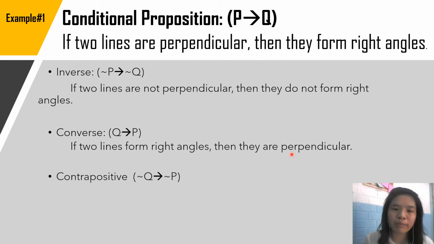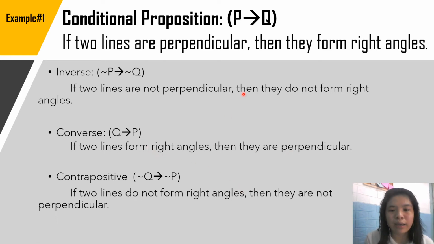And lastly, we have the contrapositive. All we have to do in the contrapositive is negate and, at the same time, interchange the hypothesis and the conclusion. Therefore, our answer is: if two lines do not form right angles, then they are not perpendicular.